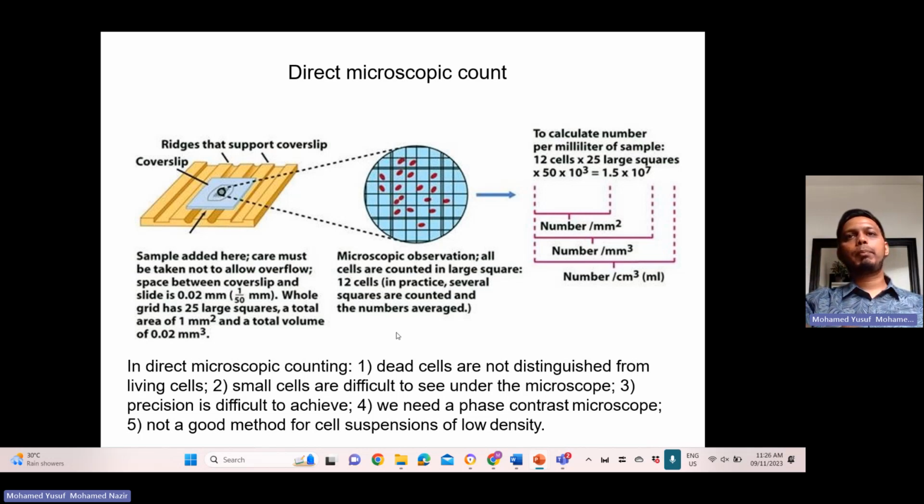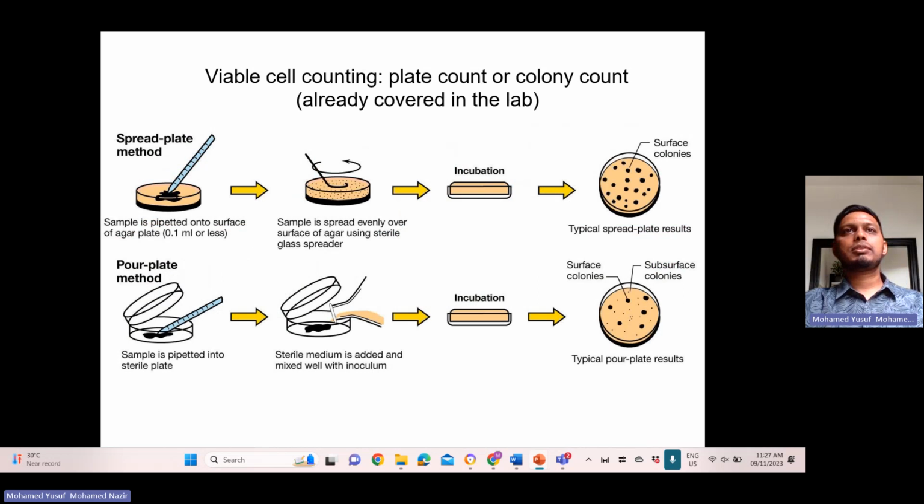However, if we didn't apply some staining, we cannot differentiate the viable cells and the non-viable cells. So in order to detect which cells are viable, we need to apply some staining method.